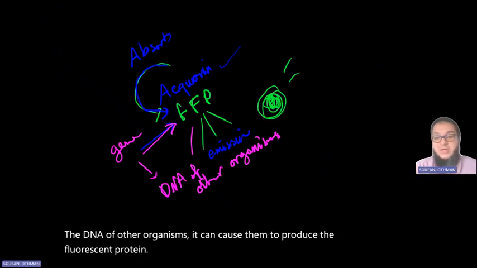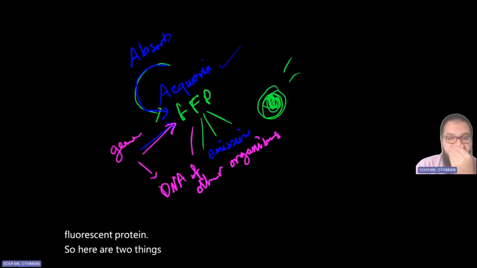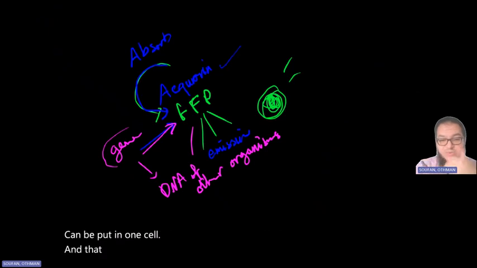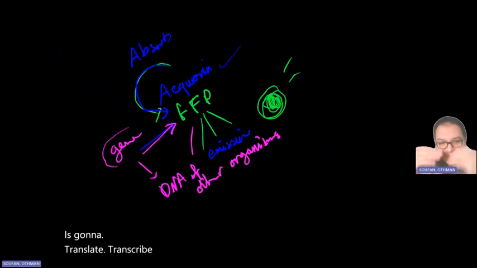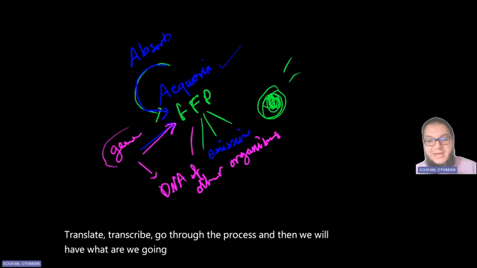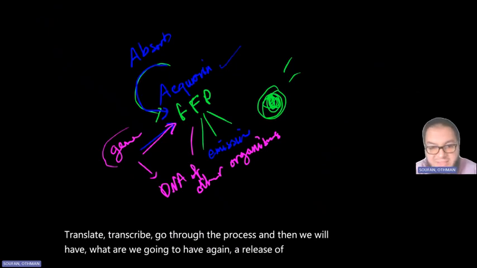So here are 2 things. Imagine that this gene can be put in one cell, and that cell eventually is going to transcribe, go through the process, and then we will have what? What are we going to have? Again, a release of fluorescent light.